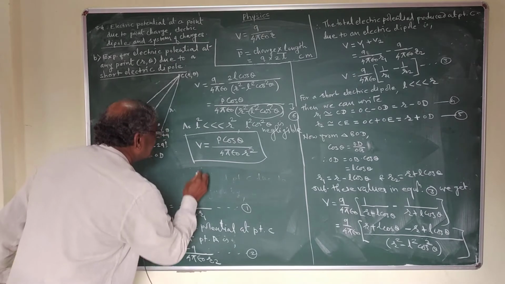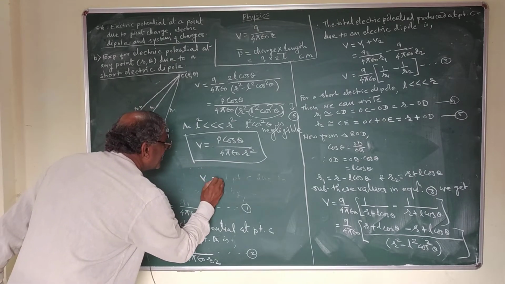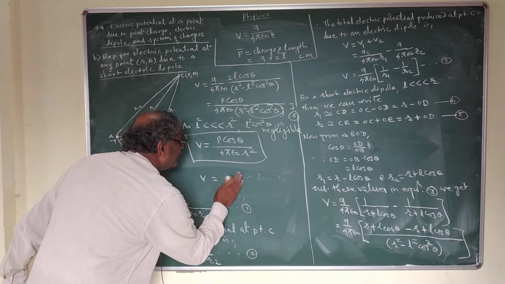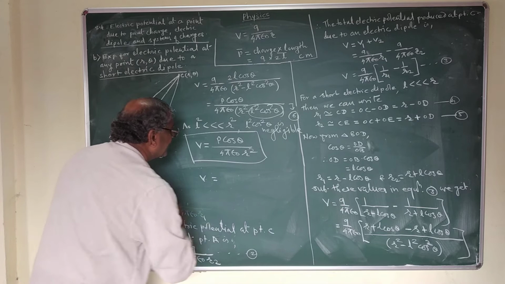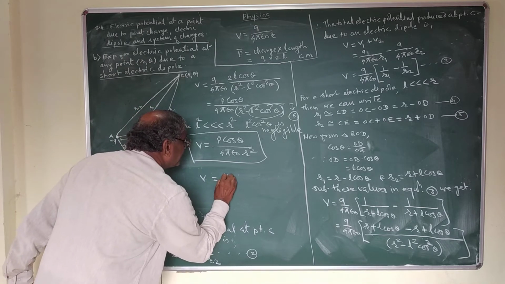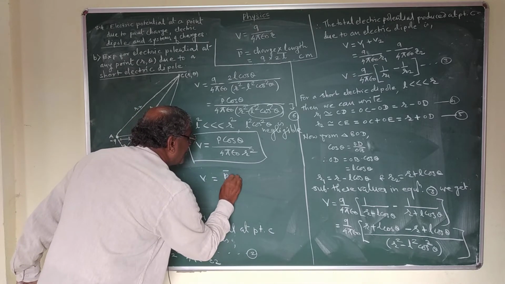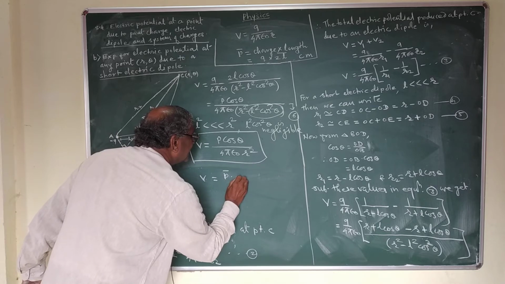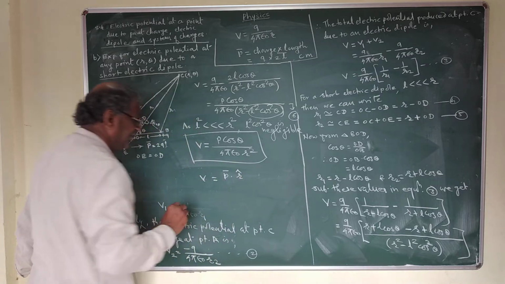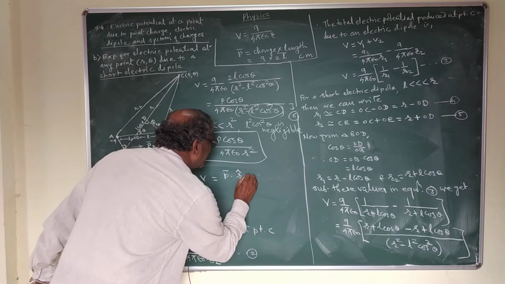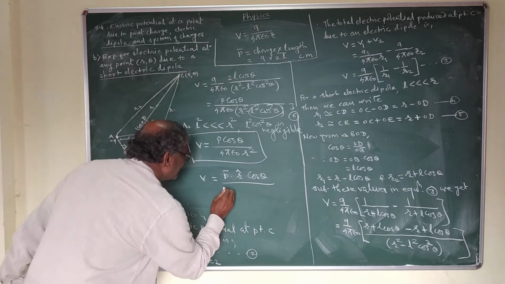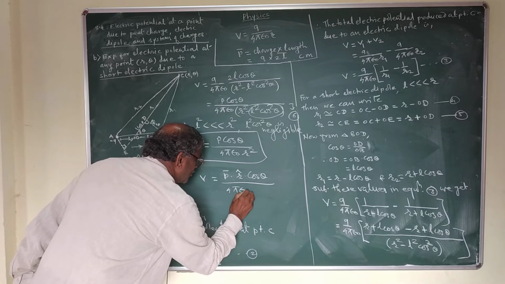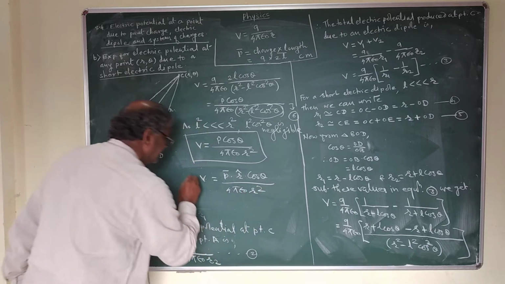That is, this can be written as V is equal to vector P dot unit vector r, into cos theta upon 4 pi epsilon 0 r square.